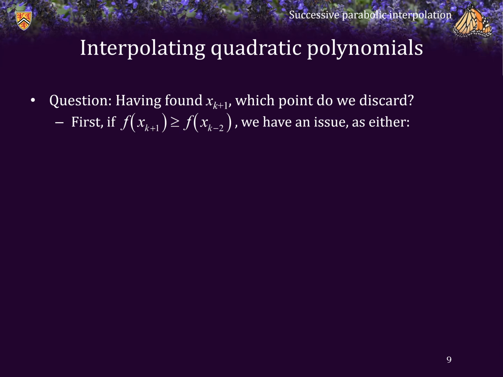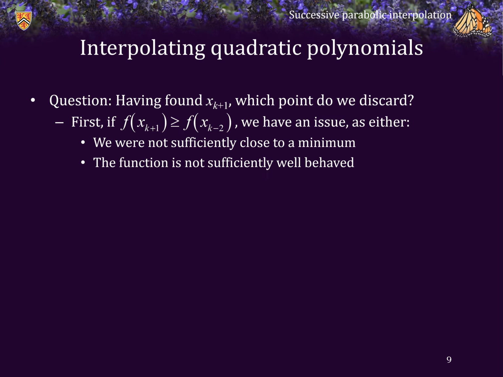After all, this means that either we didn't start sufficiently close enough to a minimum for this technique to converge, or alternatively, the function is not sufficiently well behaved, meaning it is not continuous and sufficiently differentiable. That is, it isn't truly a quadratic locally around the minimum.